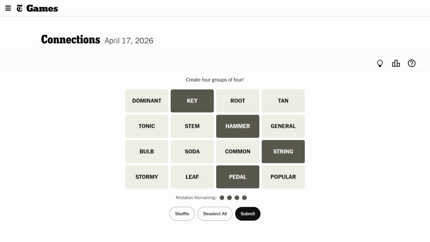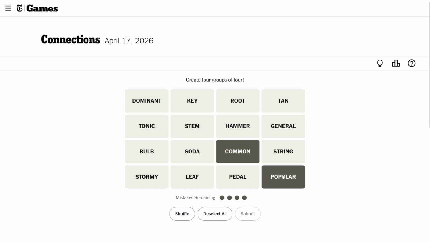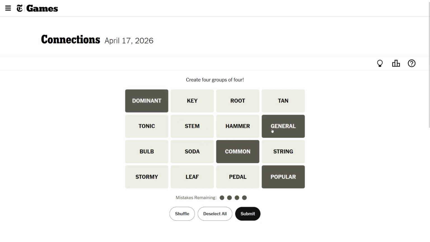Not sure, maybe common and popular, maybe dominant and general, just be like something popular. Oh, popular. Those go together. What would we be left with?